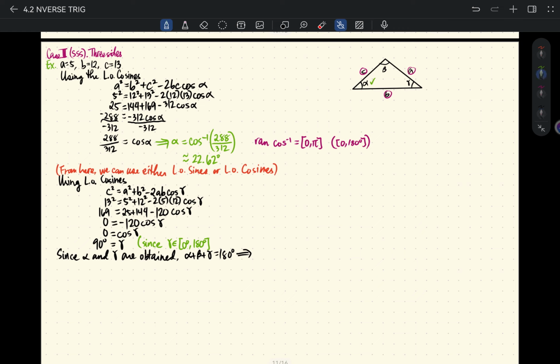We're missing beta. So we have beta equals 180 degrees minus alpha minus gamma.